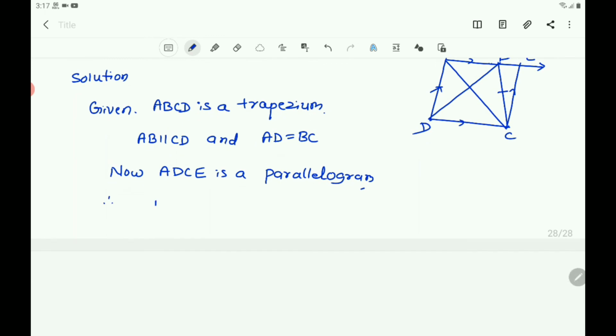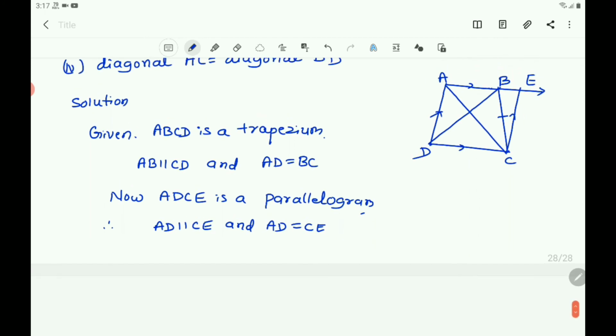So you write, therefore, AD parallel to CE and AD equals CE. But it is given that AD equals BC.